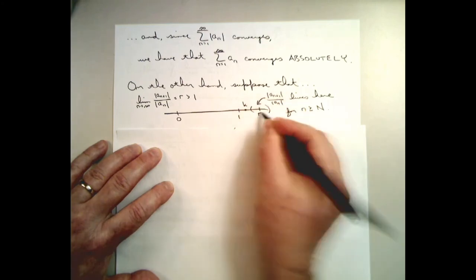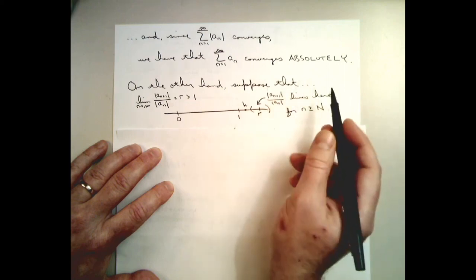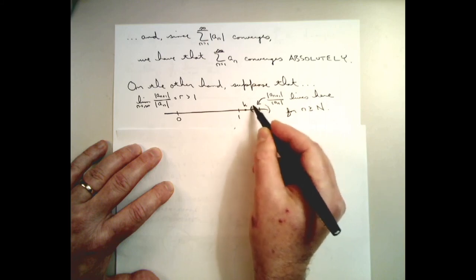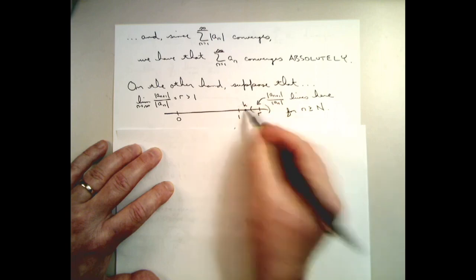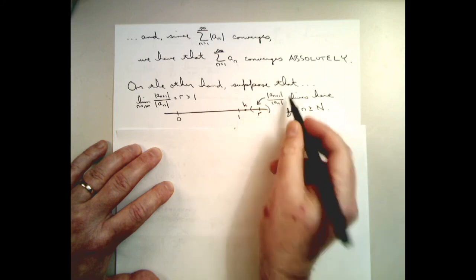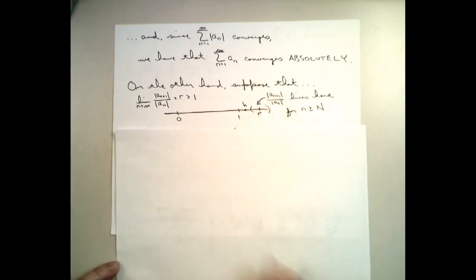So this is my number r right here, and since r is bigger than 1, I can choose an interval again that doesn't have 1 in it. So again, I'm going to be able to find some k that's bigger than 1 for which each one of these ratios is bigger than that number k.